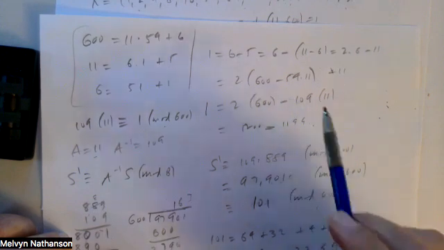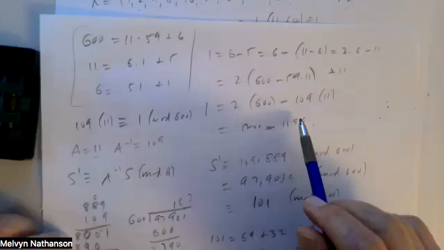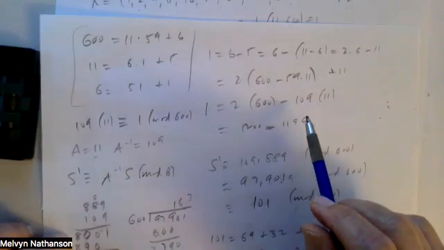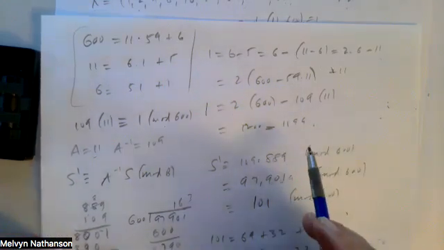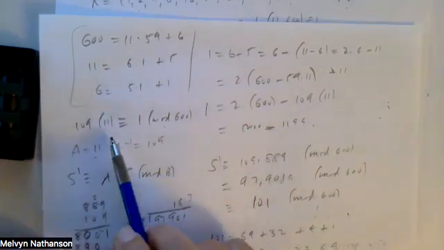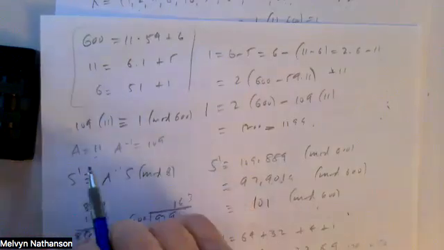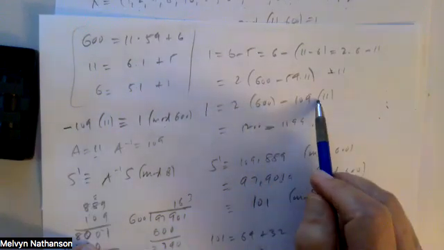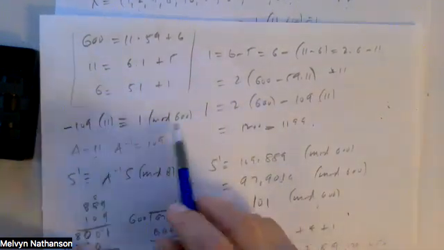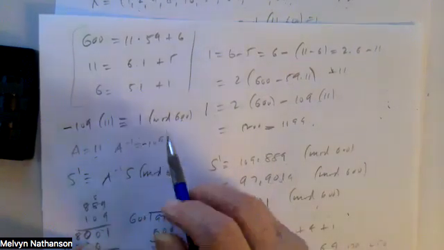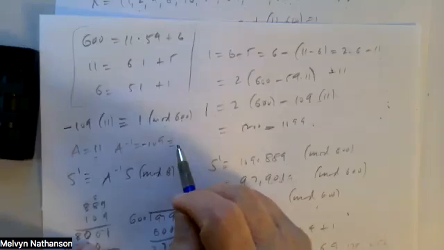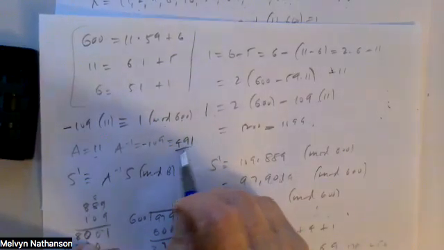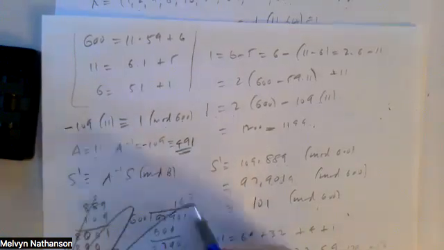So, right, I think this is my mistake. So this says that minus 109 times 11 is 1. So the inverse of 11 is minus 109, which I have to write as a positive number, is 491. So A inverse, this is then all wrong. A inverse is 491.